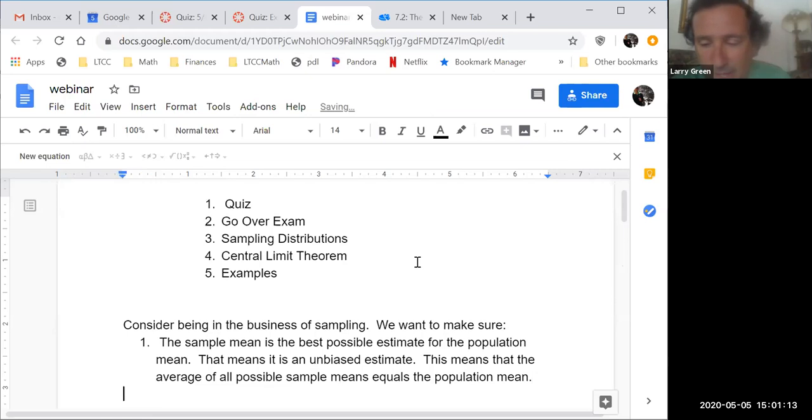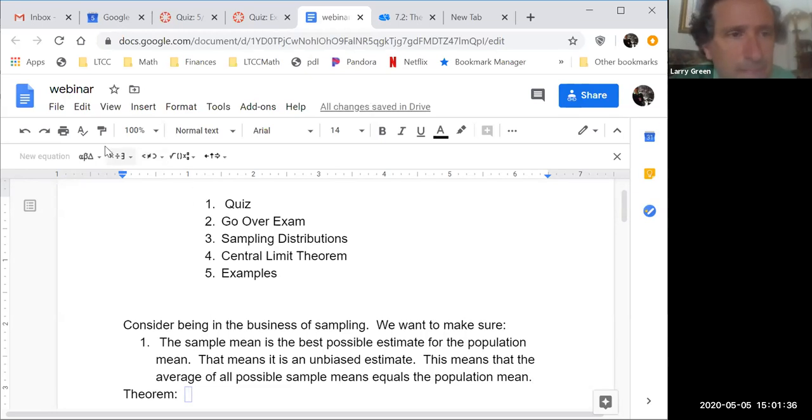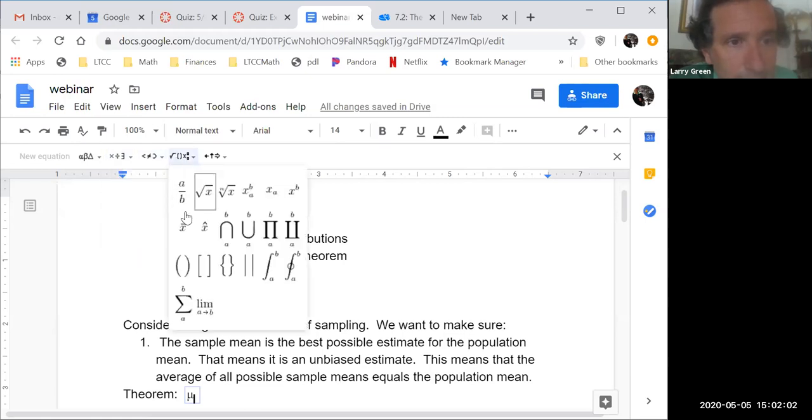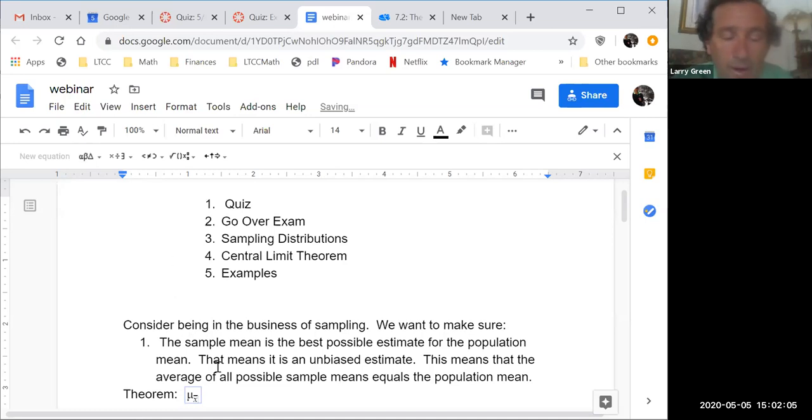So let me write down the theorem. This is the first part of the central limit theorem. I'm going to write this one out using symbols that are going to be hard for you to understand, but are important symbols, so we need to have them. The theorem is the following: mu. What does mu represent? Yeah, the population mean, sub x bar.